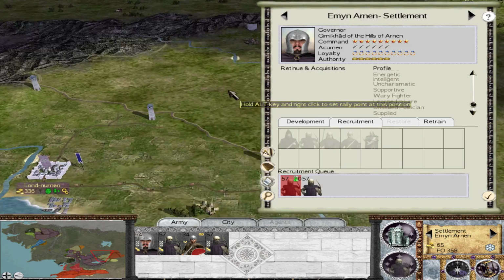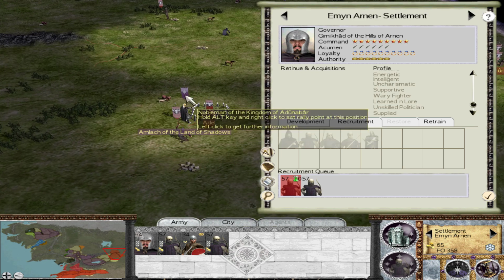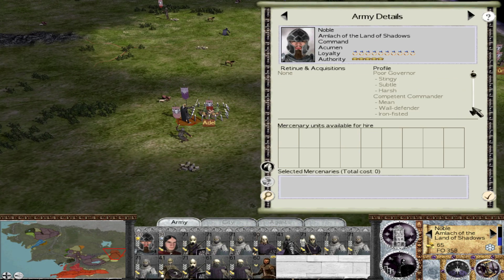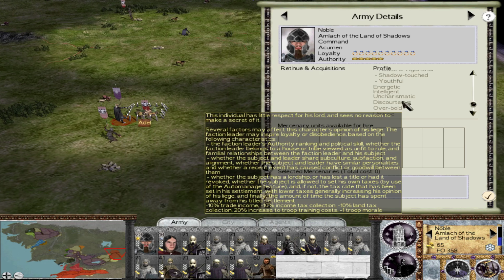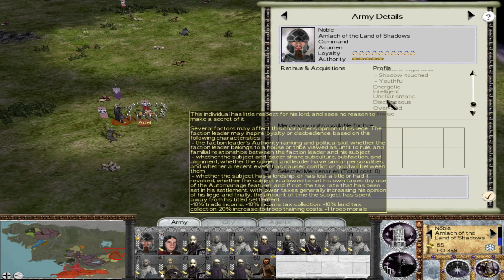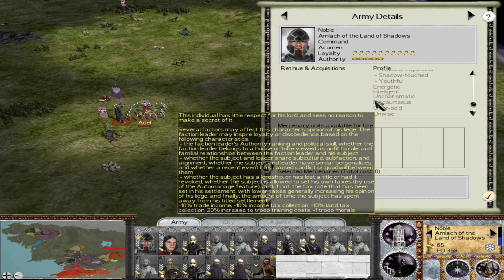On the other hand, we've got a couple of family members over here, off in the wastelands of Rune, who are not feeling so great about the king right now. This individual is discourteous. And you can see that instead of bonuses, he is going to bring in some penalties if he is the governor. He would bring a negative 10% to trade, tax, and land tax.